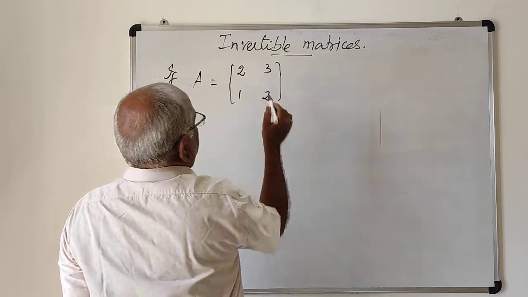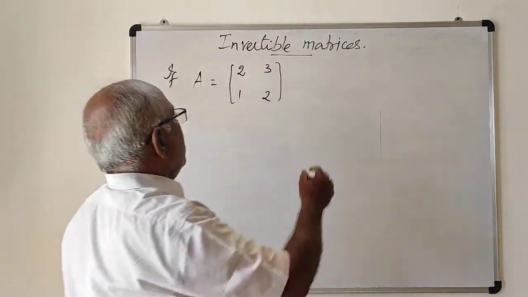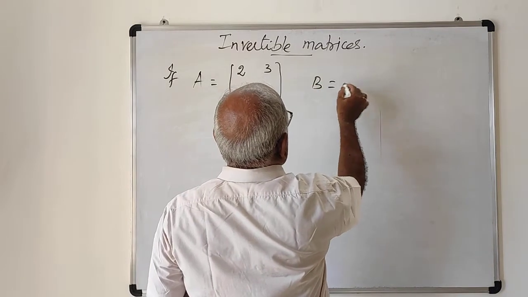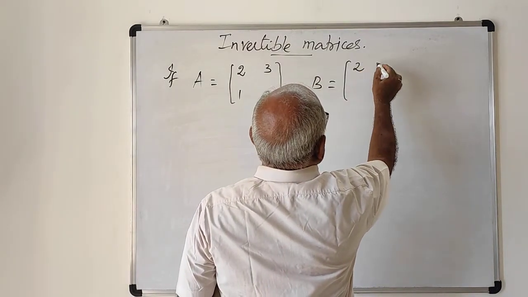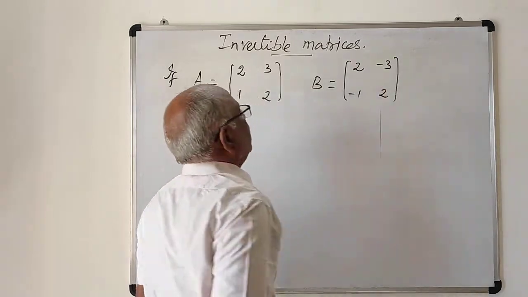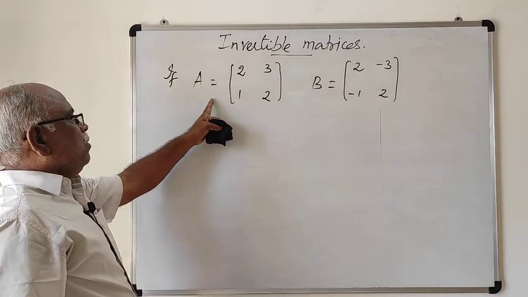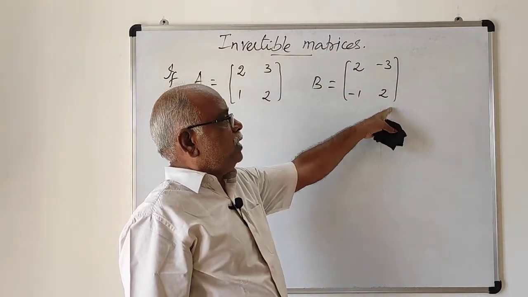And consider the matrix B as 2, minus 3, minus 1, 2. A is a square matrix of order 2 and B is another square matrix of the same order 2.